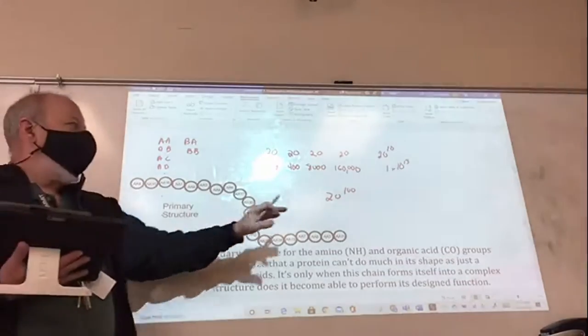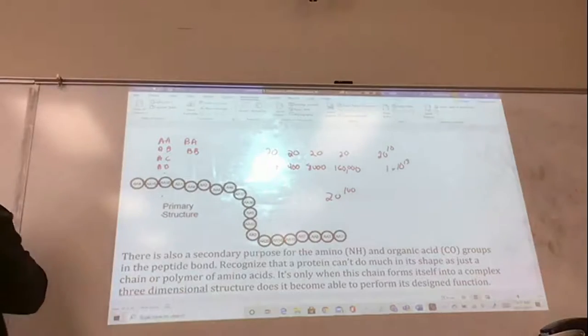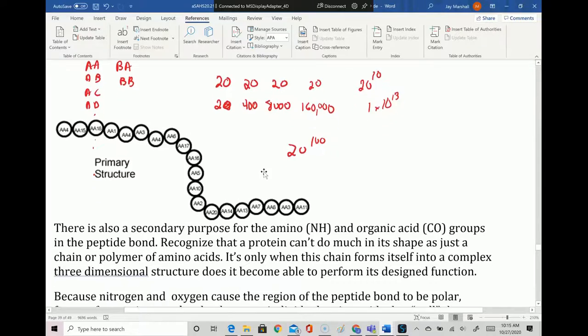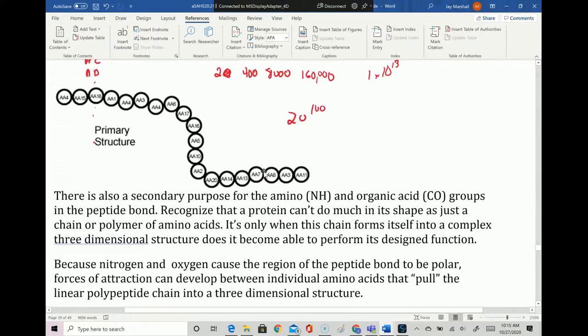But only about 1 million out of those actually do anything. So just be aware of how extraordinarily incredible life is, that it selects those million proteins out of these gazillions of possibilities.